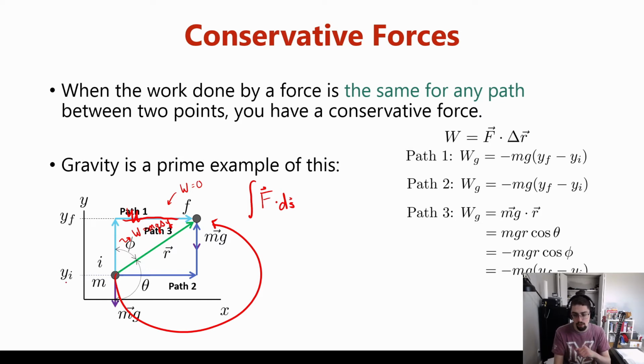So I would have to figure out some way to talk about that path and then the dot product between the two, and then some of it's positive and some of it's negative, and I have to twist my arms a whole bunch of ways to really emphasize how crazy this thing would be. But if I know that it's a conservative force, then I say, hey, I don't care what path it took to get there. All I need to know is the difference between these two states. And I call it a day.